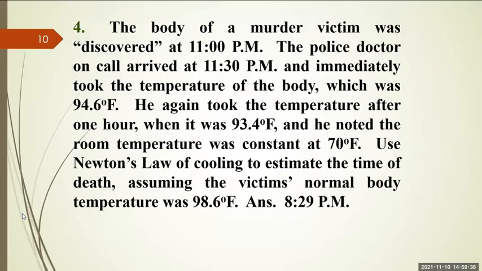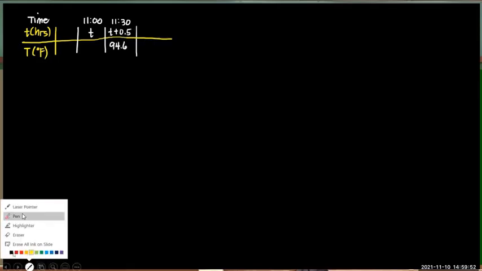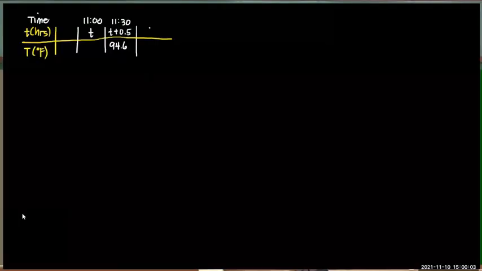It is 94.6. And then it says there that he again took the temperature after 1 hour. So after 1 hour, that means the time is 12:30. So if the time here is T at 11, I can say that this is T plus 1.5.